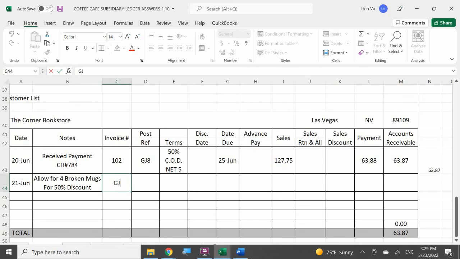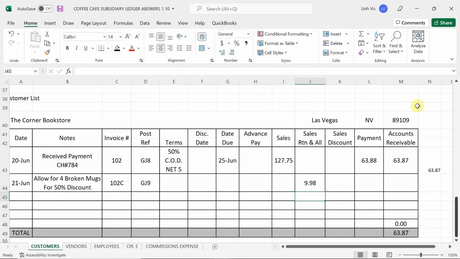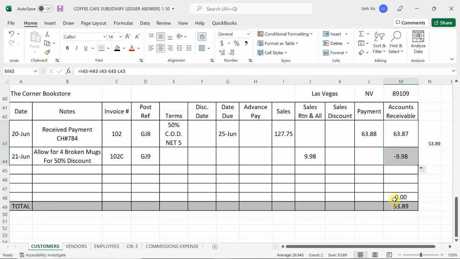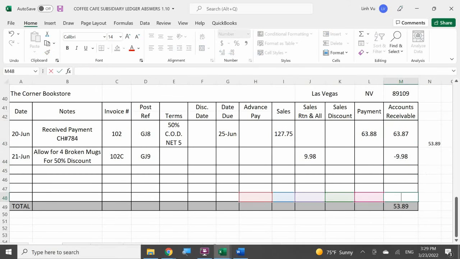Apply to invoice 102C. So general journal 9. And once again, we're going to plug the value into my returns and allowances. If you did the formula correctly, it should show a negative $9.98. So how much does the corner bookstore actually owe me now?